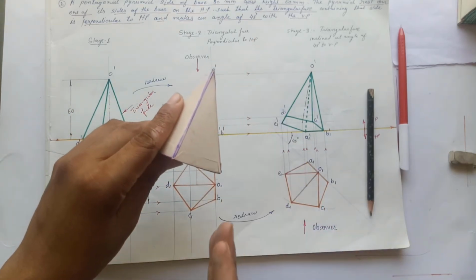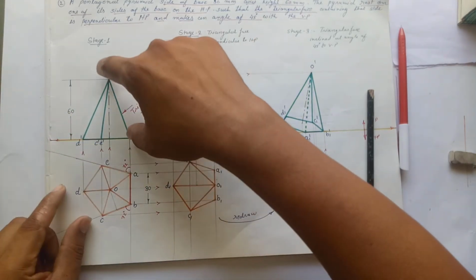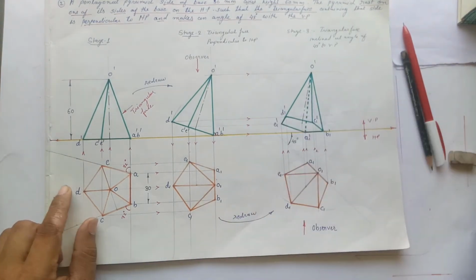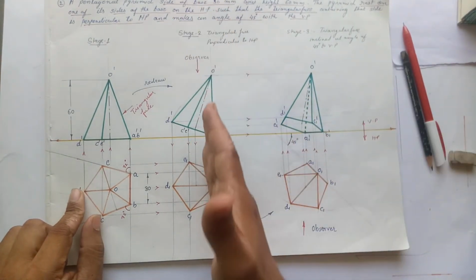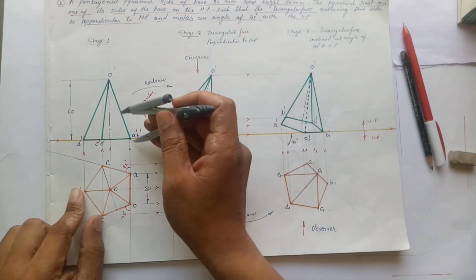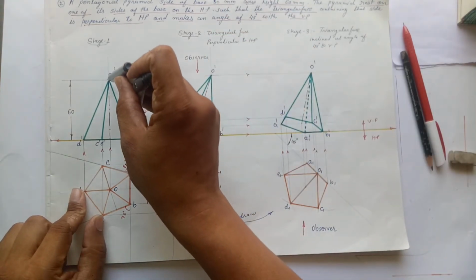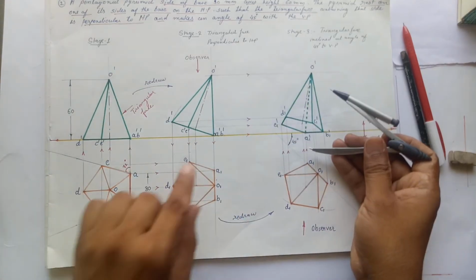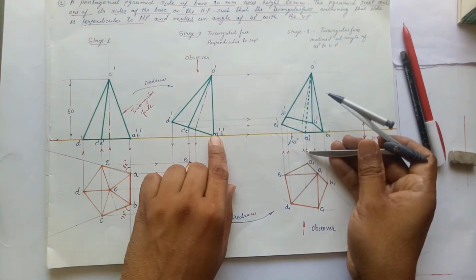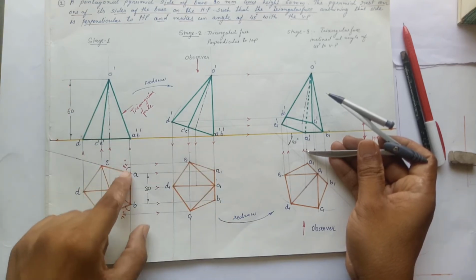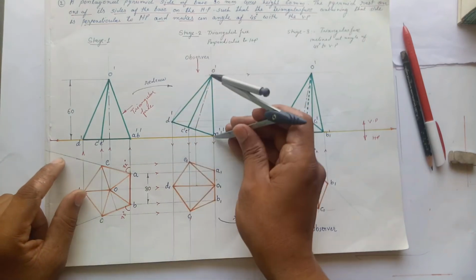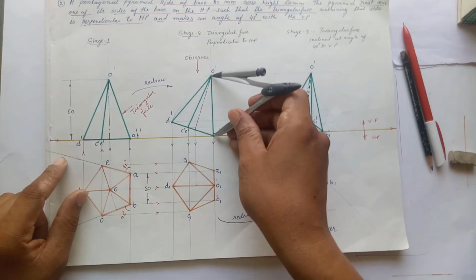So mark A dash B dash on the XY line, measure the angle of 90 degrees, and measure the triangular face OAB from here, mark O dash from here. A dash B dash will remain on the XY line because it is resting on AB on HP. Copy this figure over here. So we have got A dash O dash.